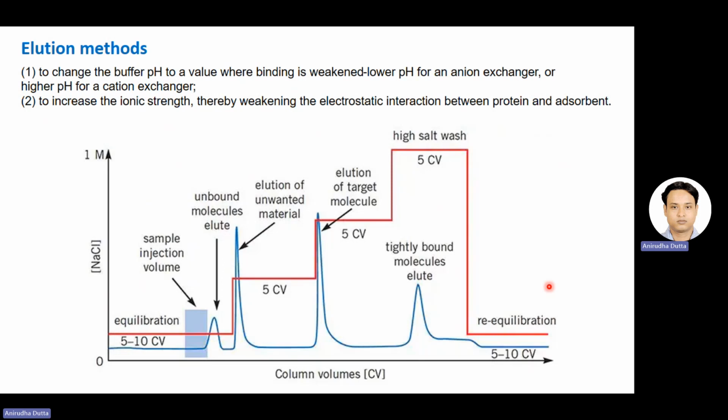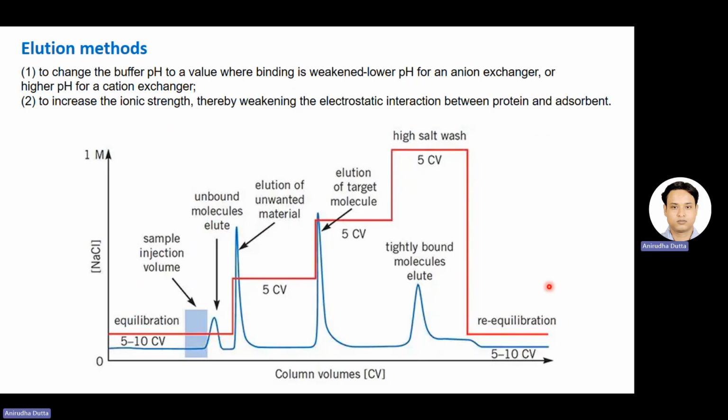So as we can see, the interaction between the protein and the matrix is Coulombic interaction or charge interaction. So definitely the strength of the interaction between the matrix and protein would be highly dependent on the ionic strength of the surrounding buffer.